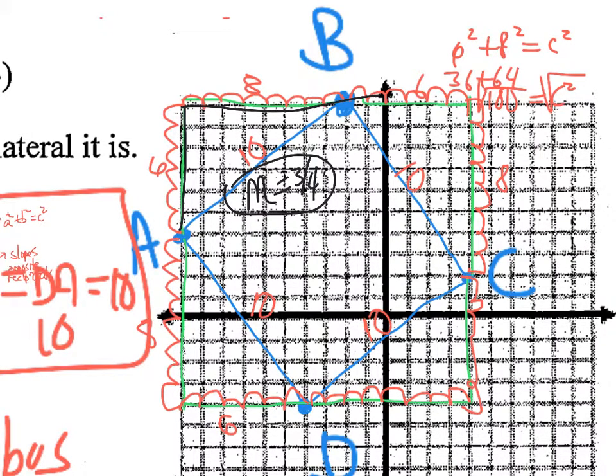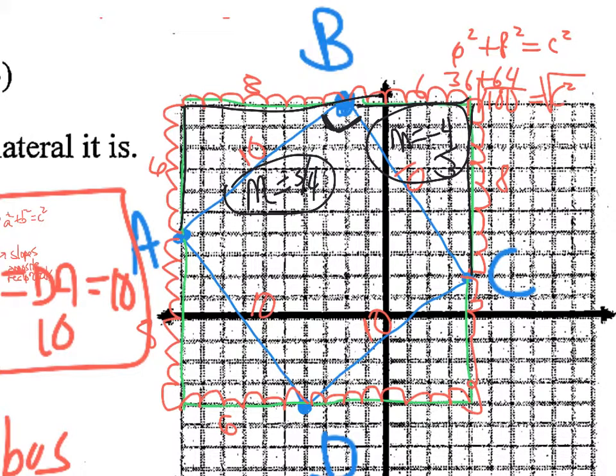Then the next slope goes down 8 and over 6. So that's 8 over 6, which is 4 over 3. And it's also going downhill, so that slope is negative 4 over 3. And I notice that those are opposite reciprocals, so I can put in my right angle right there. I know that that's a right angle because my slopes are opposite reciprocals.